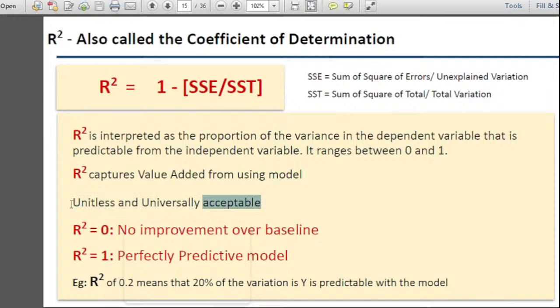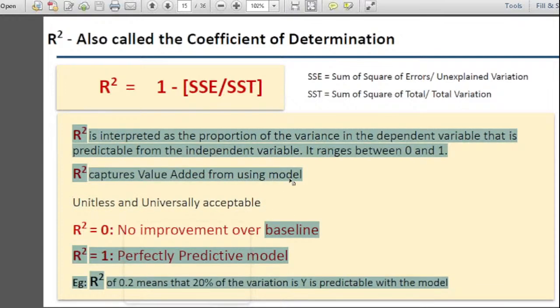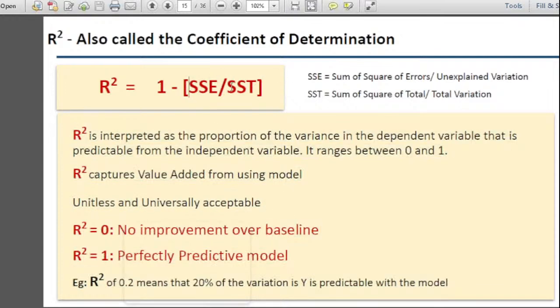Why is R square better than earlier? Because though I'm using SST and SSE, it is unitless. You can say it's in percentage terms, or you can say it's in decimals, right? And so it's unitless and hence universally acceptable. If R square is 0, it means there is no improvement over baseline.